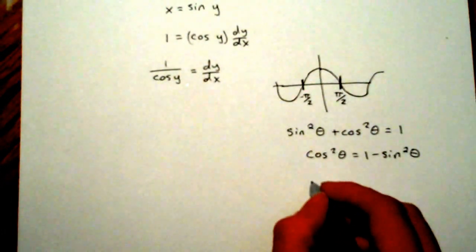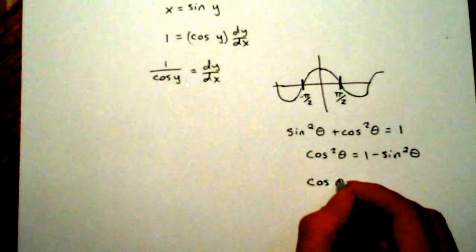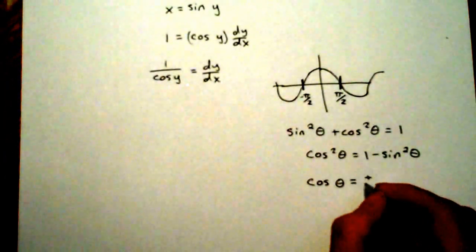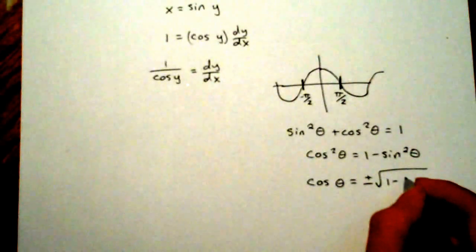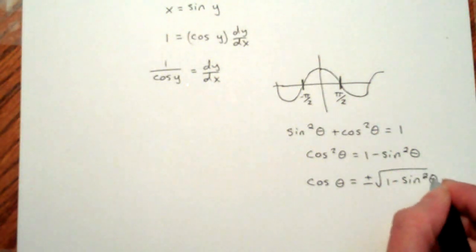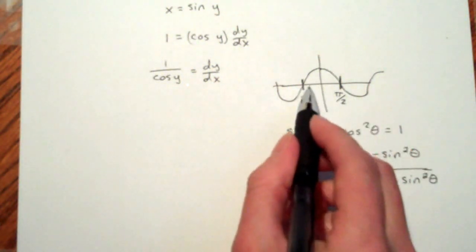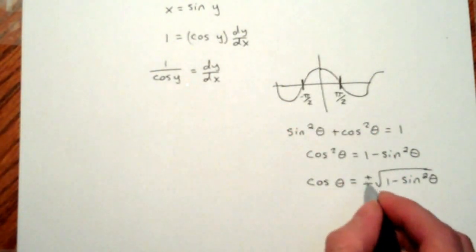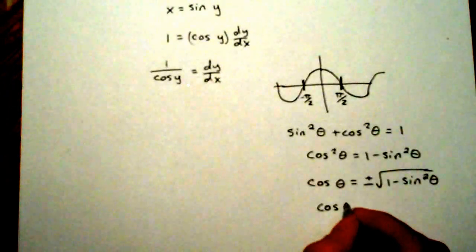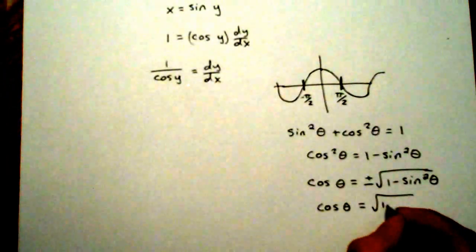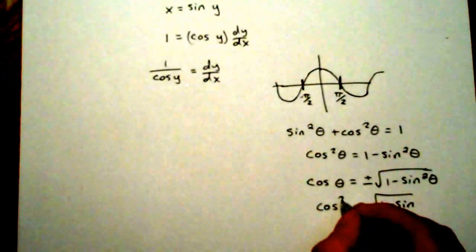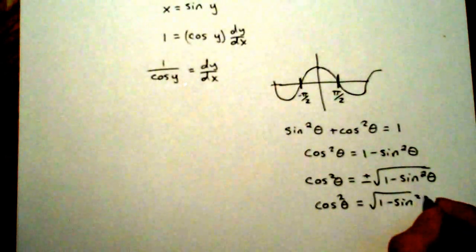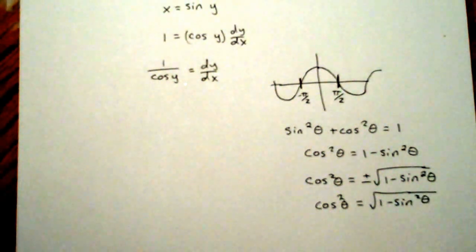So I want to take the square root of both sides. The problem is, when I take the square root, it could be positive or it could be negative. Except, because I'm looking at negative pi over 2 to pi over 2, I know that it's going to be positive, so I don't have to pay any attention to that negative. So cosine equals the square root of 1 minus sine squared theta.